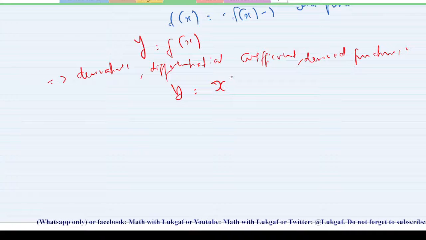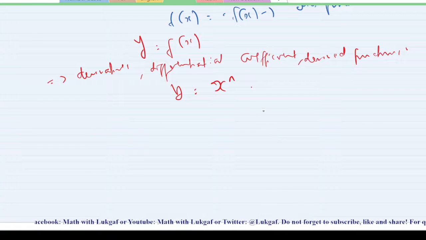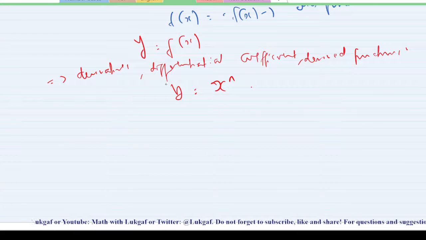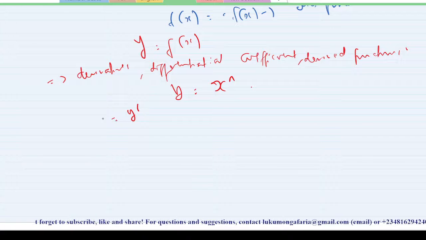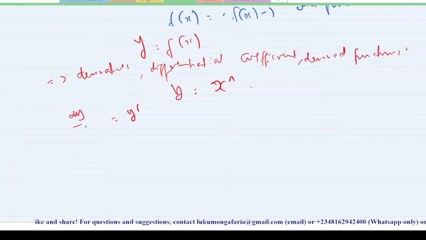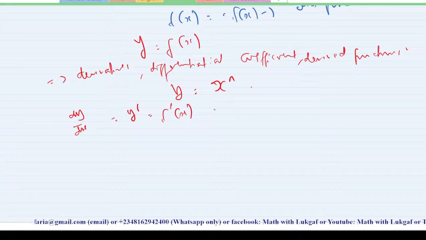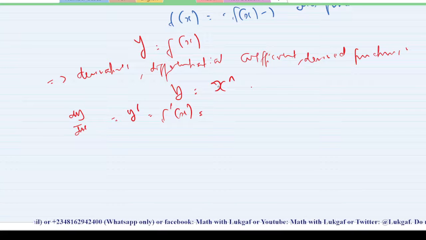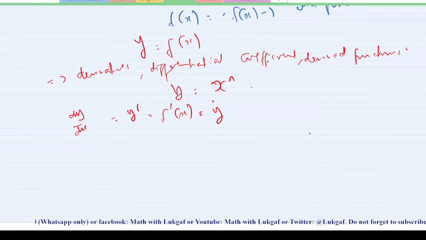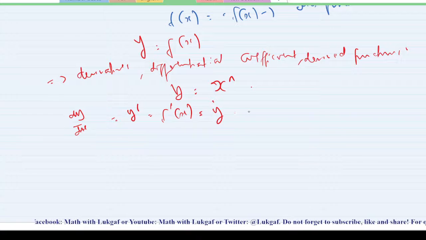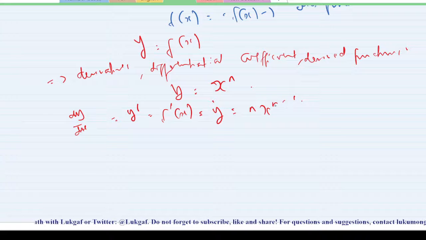or let me say y is x raised to power n, then your derivative, which is also called the differential coefficient or derived function, which could also be written as y prime or dy dx, so your f prime of x, in some textbooks it could be written as y dot, is n x to the n minus 1.